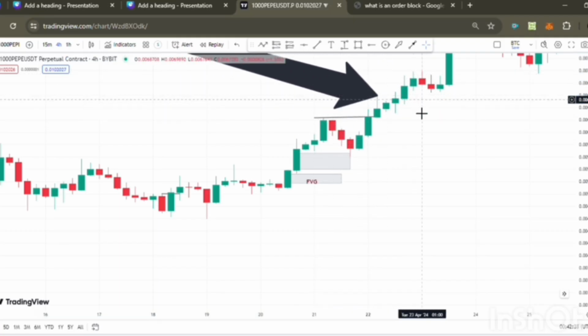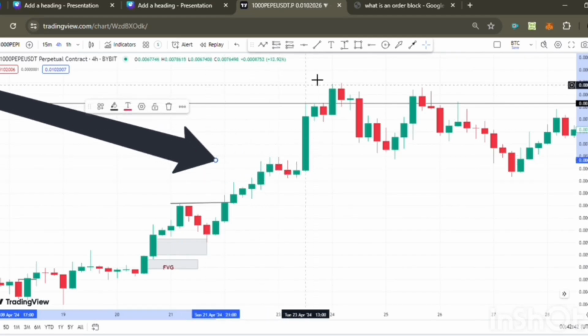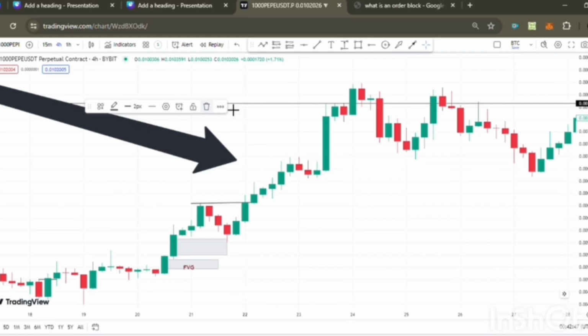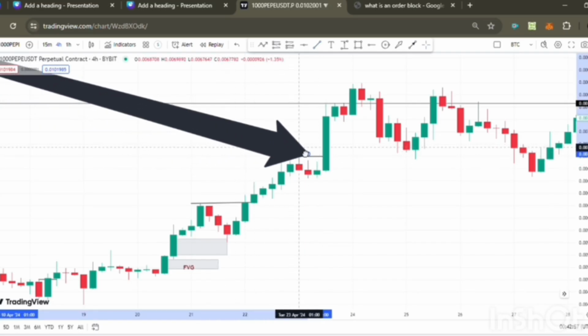All right. The same thing happened here. This is another break of structure. As long as the market is going up, making some minor retracements and pushing to the upper side, we are experiencing break of structure. See, this is another break of structure.